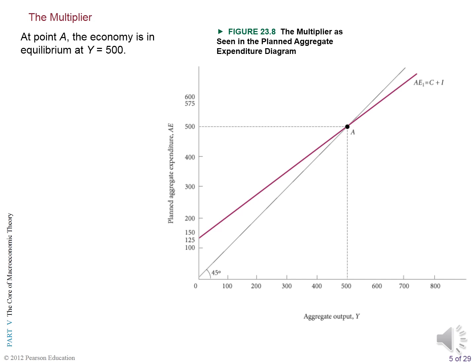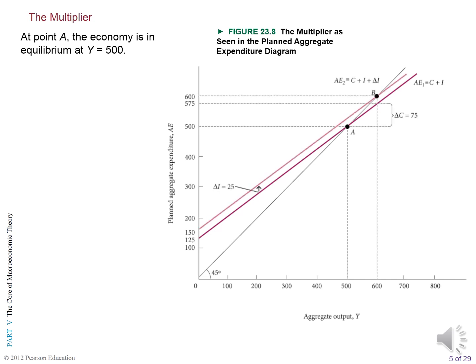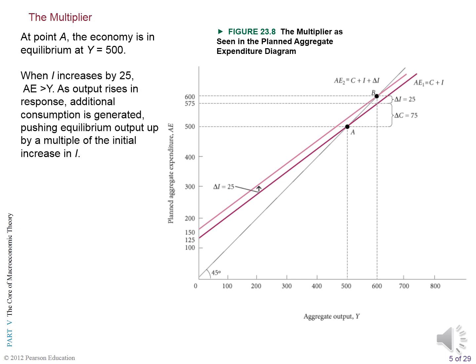طيب, now let's assume that investment increased by 25. So now the autonomous part will increase by 25. Okay, so we begin from 150. Okay, so the new aggregate expenditure function, C plus I plus change of I, will be 150 plus the same slope which is 0.75y اللي هو marginal propensity to consume.